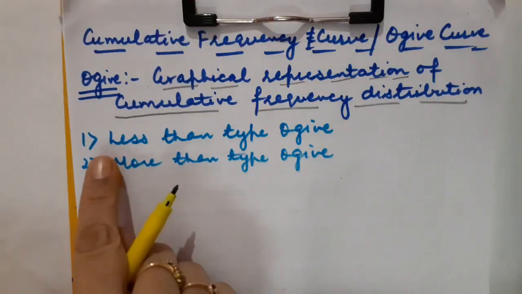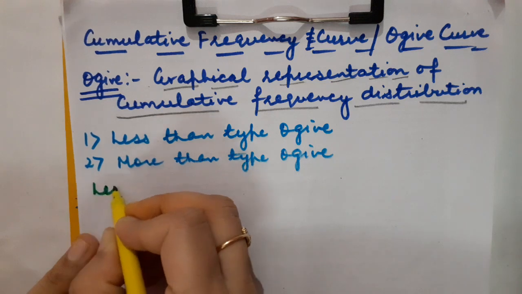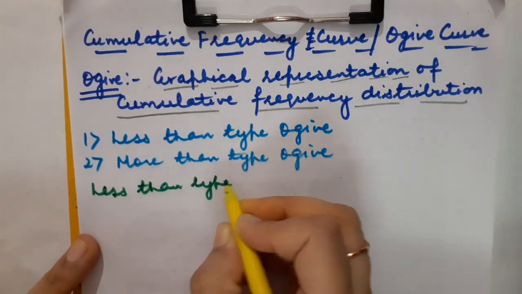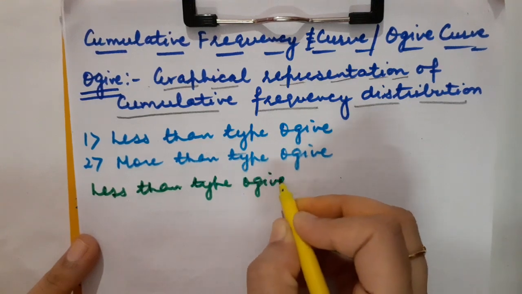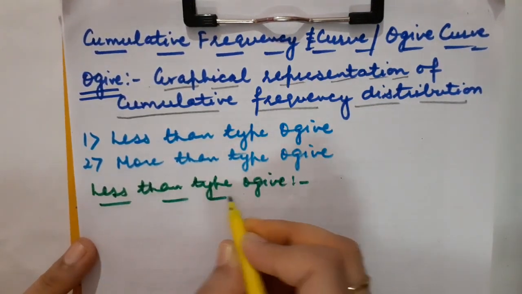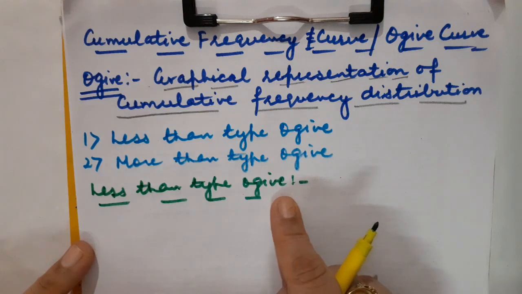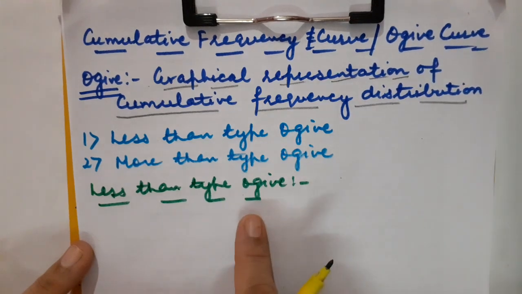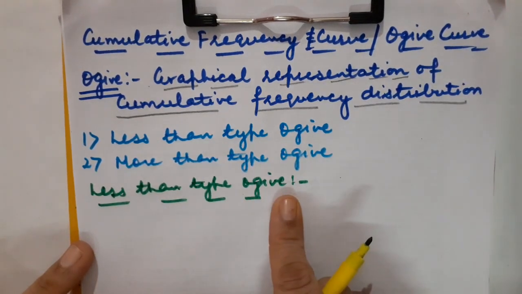So children, let us discuss the very first one, that is the less than type ogive. As it is clear from the ogive only, this is nothing but the graphical representation of a cumulative frequency distribution table. Fine. So what we can say is that the less than type ogive is basically a graph.